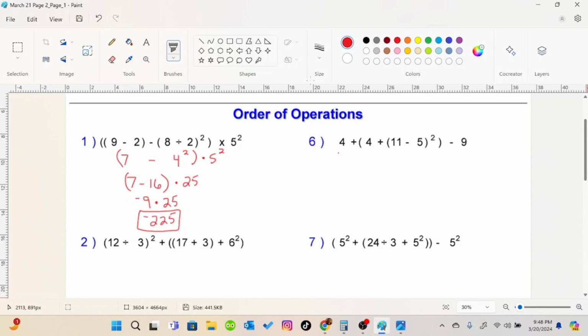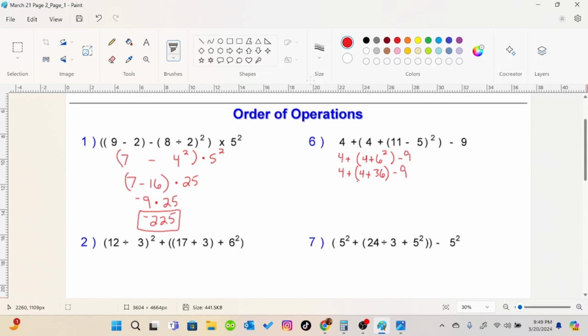So now on our next one, I'm going to do the innermost parentheses here. So I have 11 minus 5, which is 6. Next, I'm going to do the exponent. And 6 squared is 36.